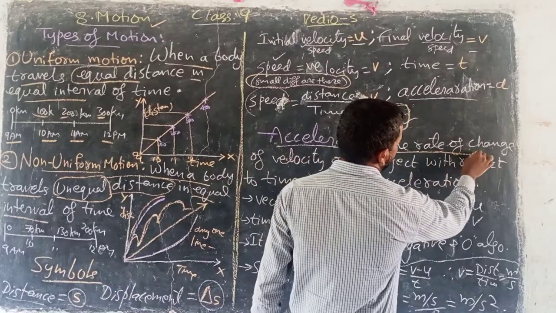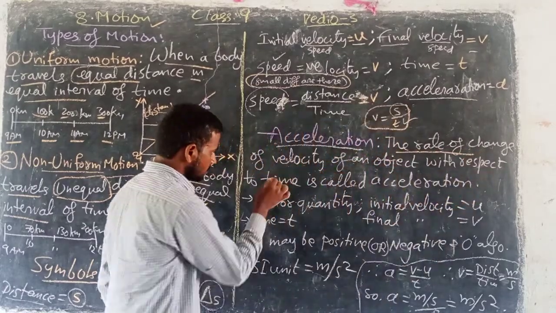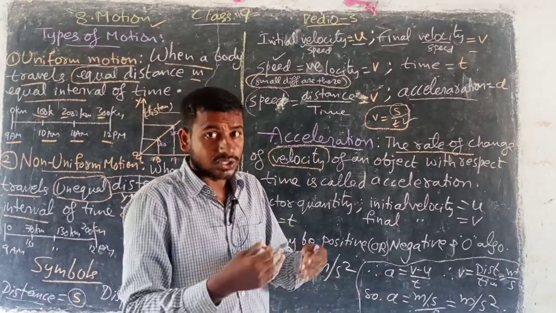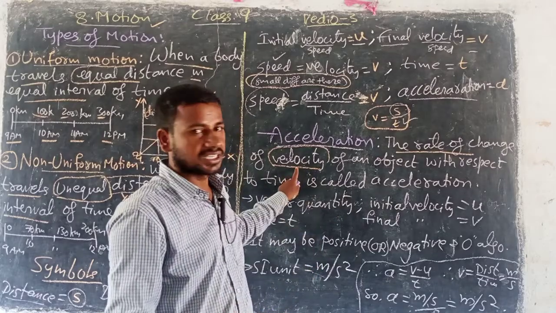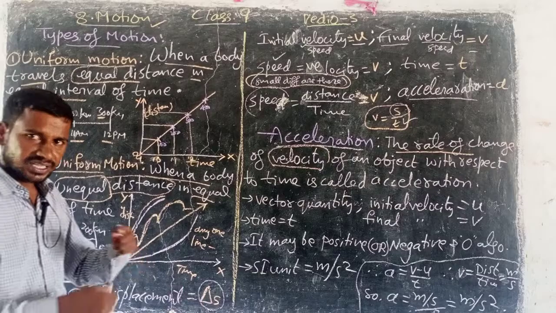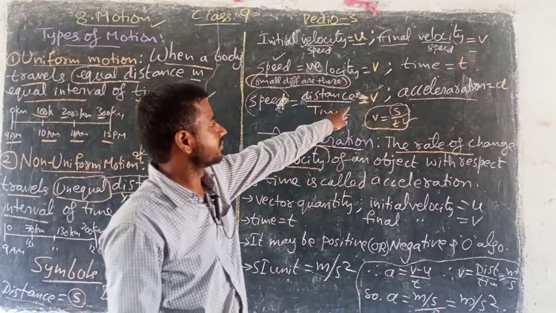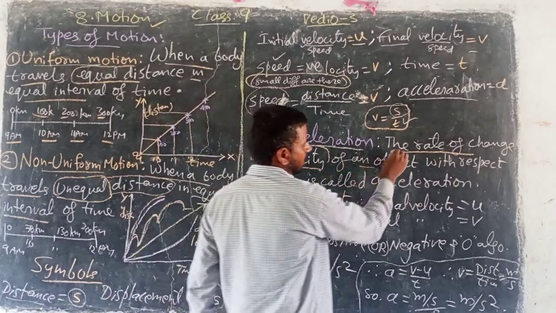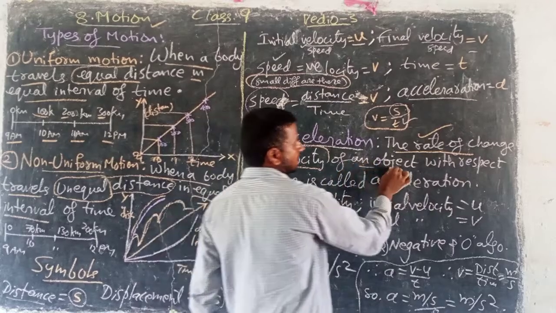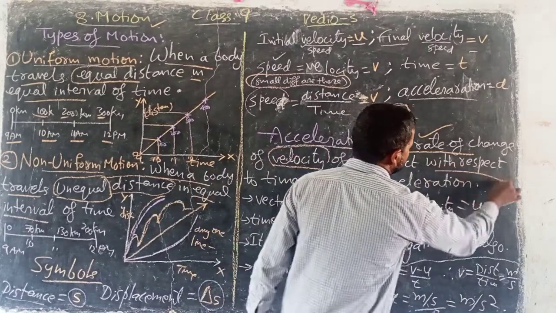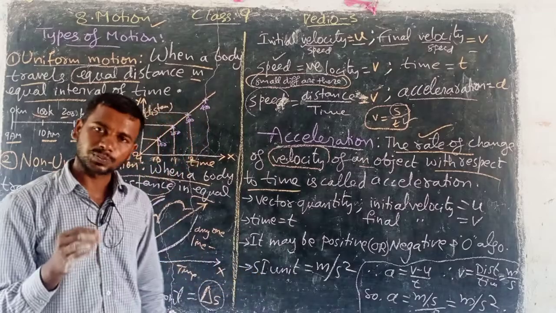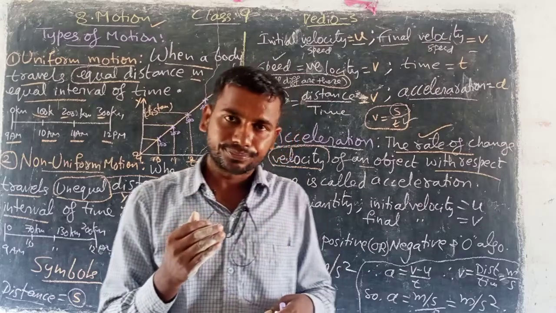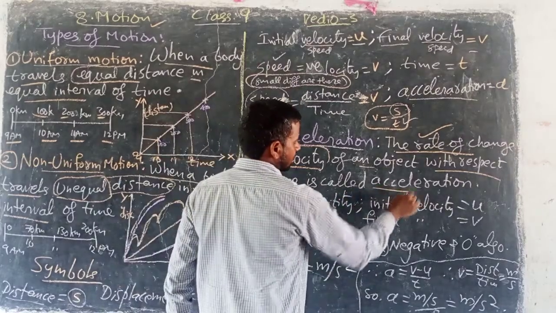The rate of change of velocity, change of velocity, delta v, of an object with respect to time. Velocity should change with respect to time. That is called acceleration.